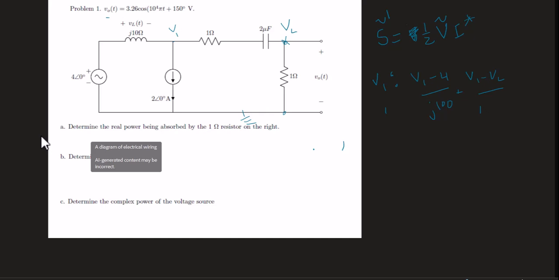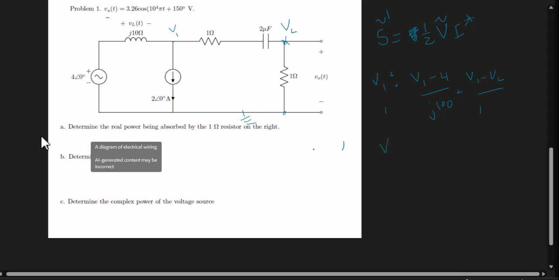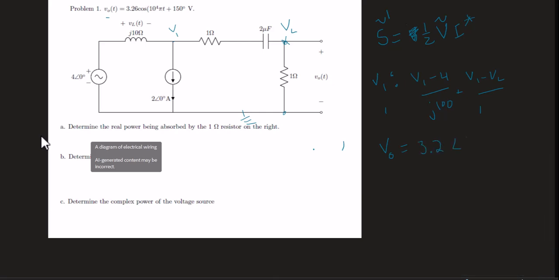So the voltage across the resistor is given to us. So VO, if I write it as a phasor, is 3.6 angle 150 degrees. So in that case, it's very easy to find the real power.